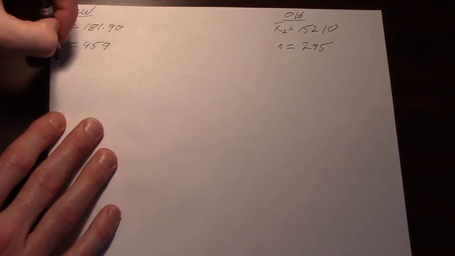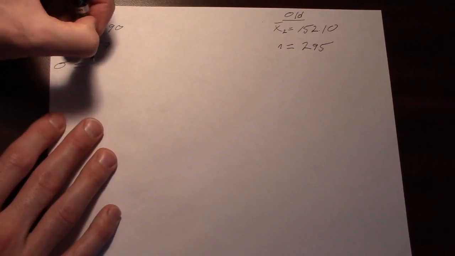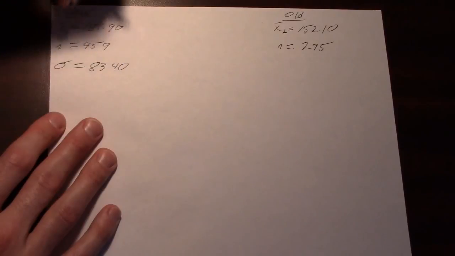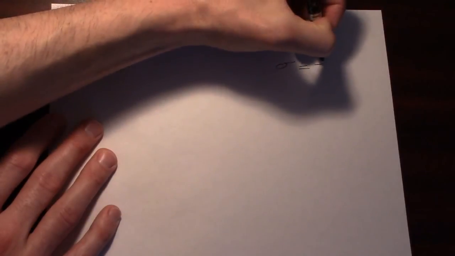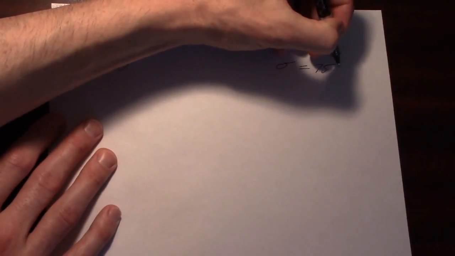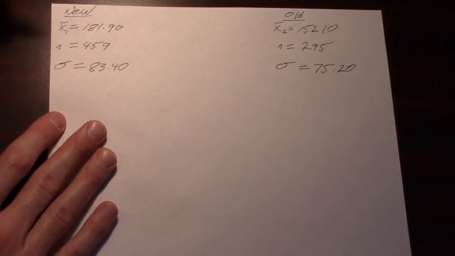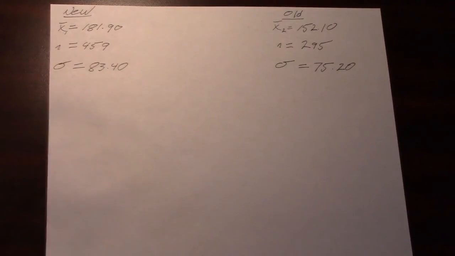Fortunately for this one, we know the population standard deviation, so that makes it just a little bit easier for us. The population standard deviation for the farms using the old mix was 75.20. Alright, so let's set up our null and our alternative hypothesis.